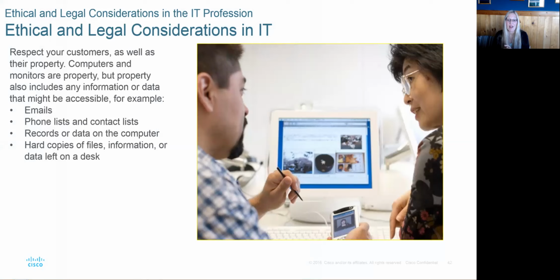When somebody allows you into their computer, it's as personal as looking through their underwear drawer, right? I mean, think about it. What have you got on your computer? You've got taxes, you've got pictures, you've got movies, all kinds of stuff. You should not, as a tech, snoop around. You shouldn't copy music files. You shouldn't load unlicensed software, and that's just the beginning of some of the things that you shouldn't do.